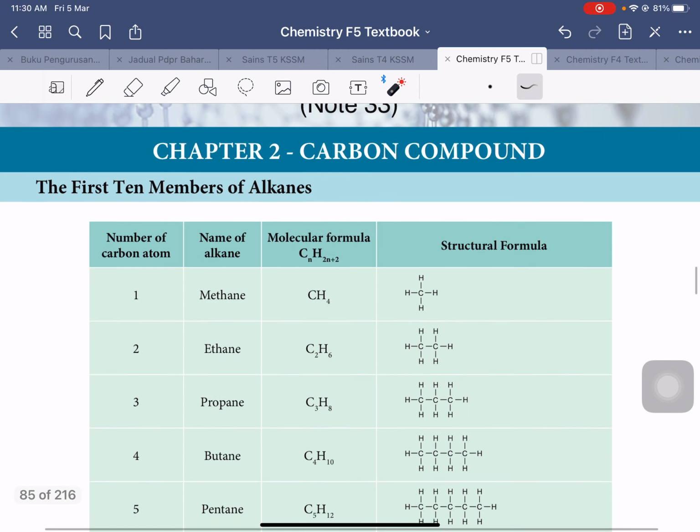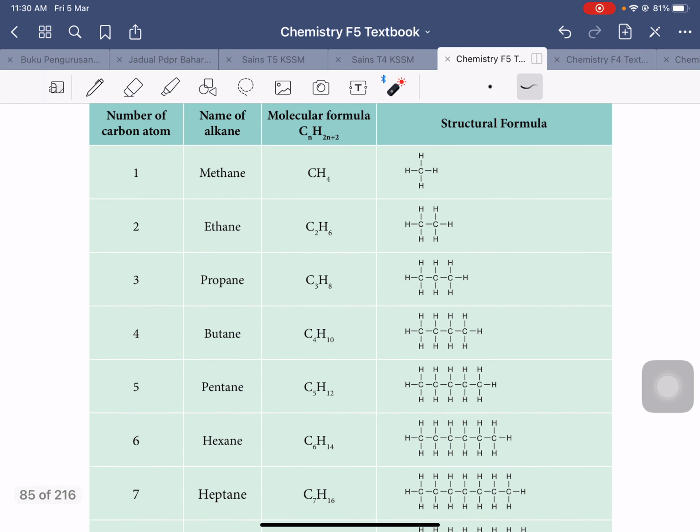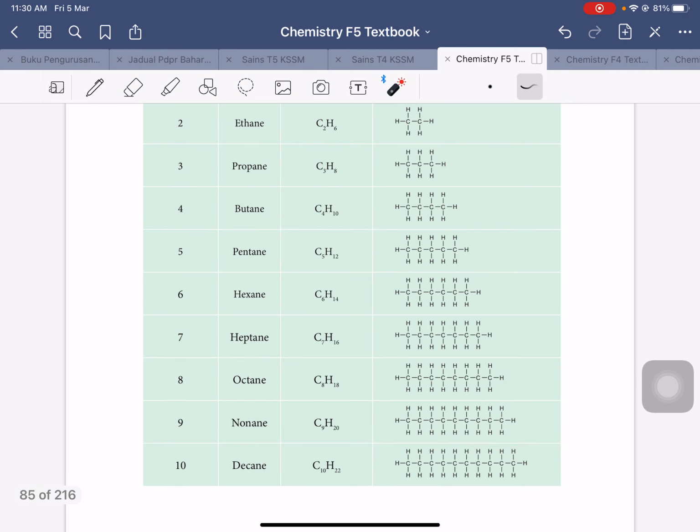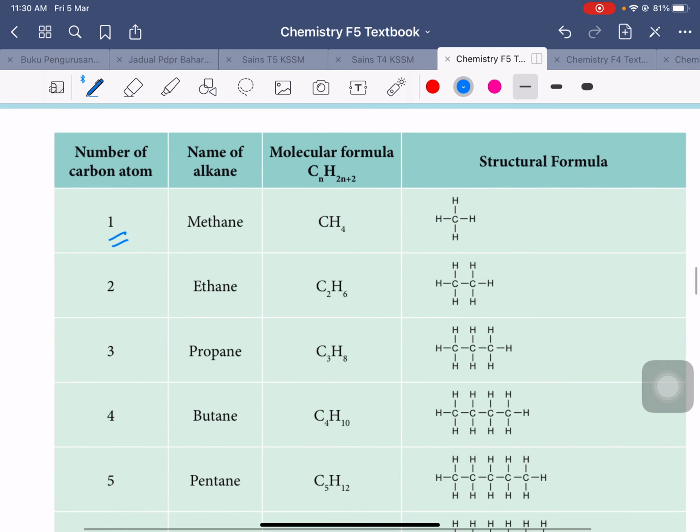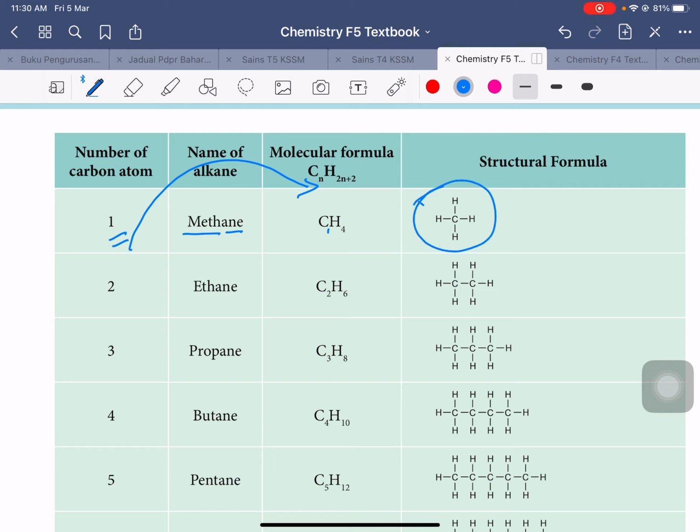This is the first 10 members of alkane, and you are going to understand this one through this diagram. So, kalau dia punya number of carbon atoms 1, masukkan 1 di dalam formula lah. So, like I said just now, 1 tidak payah tulis. Okay, nama dia methane.